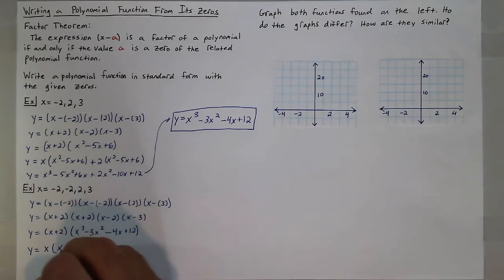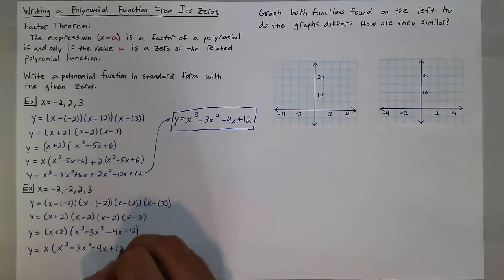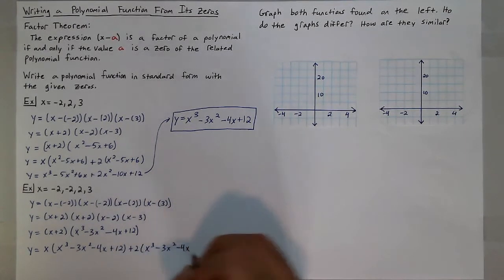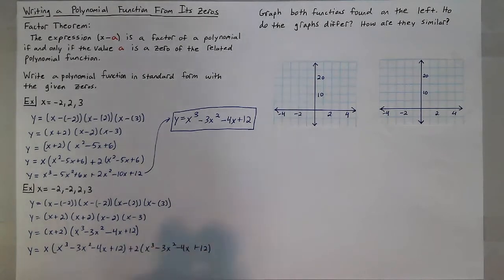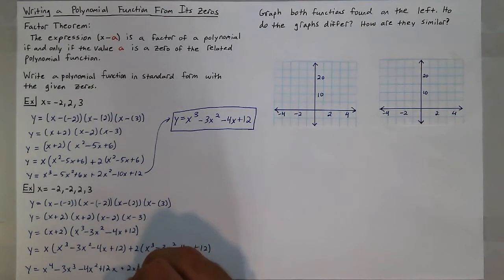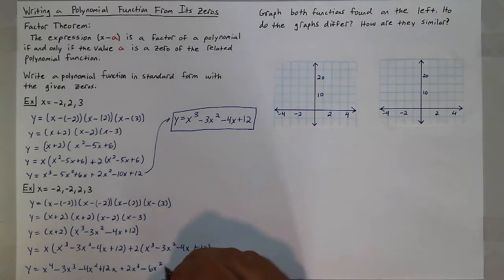That gives me x times x cubed minus 3x squared minus 4x plus 12 plus 2 times x cubed minus 3x squared minus 4x plus 12. And I can finish that distribution, giving me x to the 4th minus 3x cubed minus 4x squared plus 12x, then plus 2x cubed minus 6x squared, distributing this 2, minus 8x plus 24.